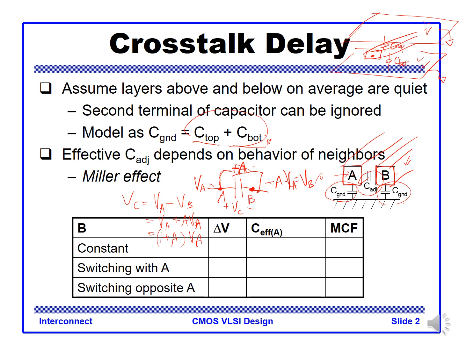So if we assume that we apply the current IA there, then the amount of current would be how much? The capacitance impedance is 1 over SC, and so VA, we know that the voltage across the capacitance is what?